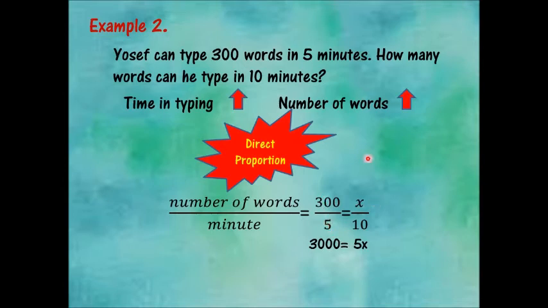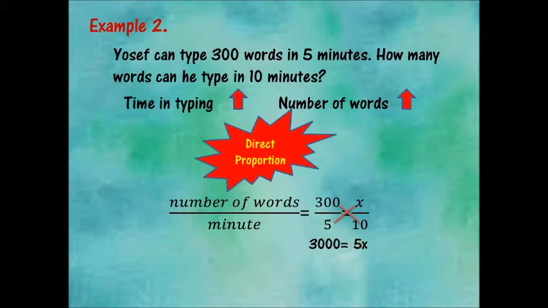And ang unknown, ilan daw na words or na salita ang kaya niyang i-type sa loob ng 10 minuto. Therefore, X na yung magiging words natin dito, and then dito is 10. Gaya ng same step natin kanina, we're going to cross-multiply. So, ang mangyayari, 300 times 10, that is 3,000, and 5 times X, that is 5X.